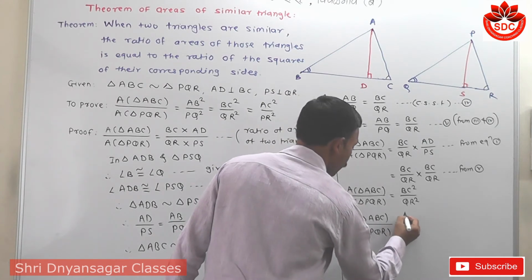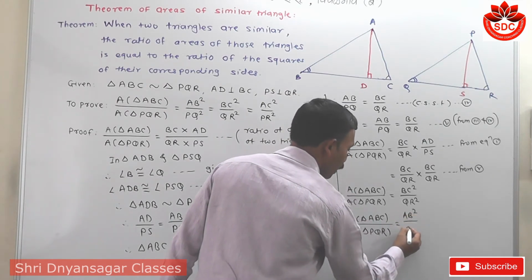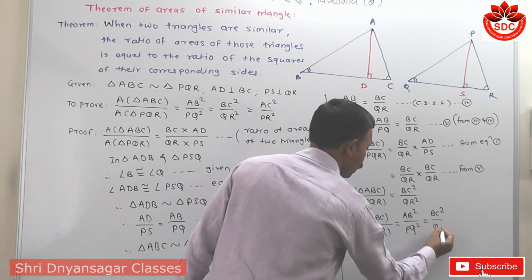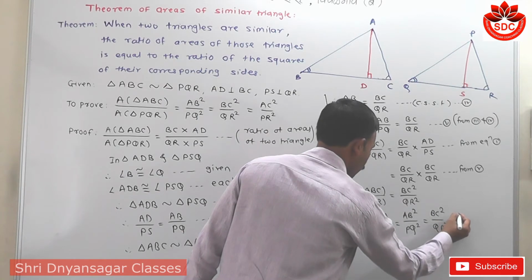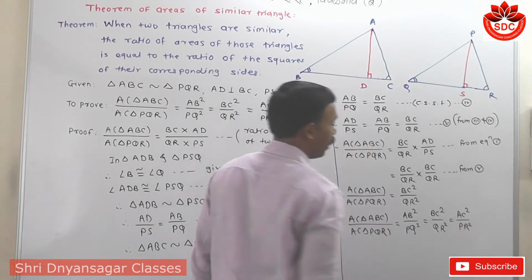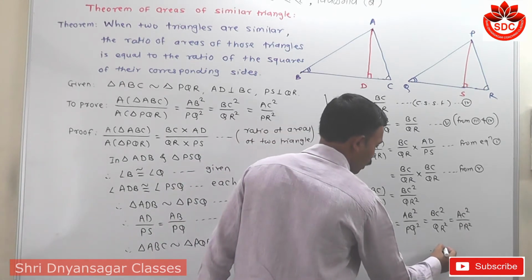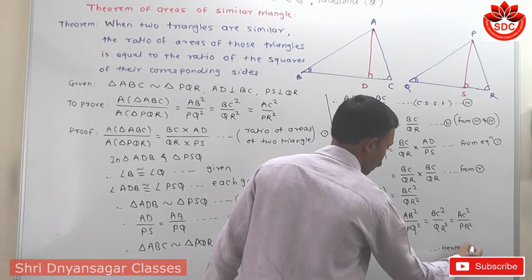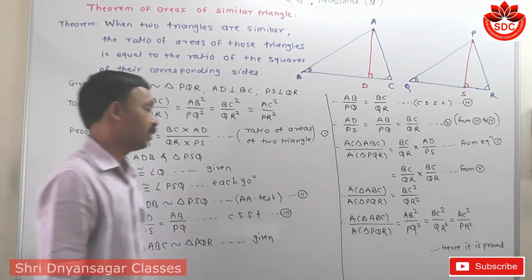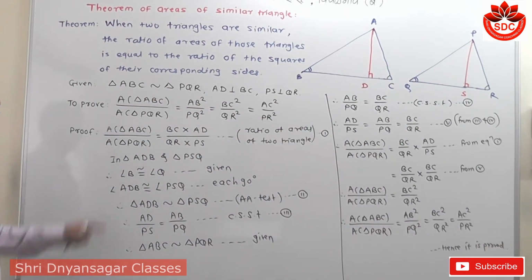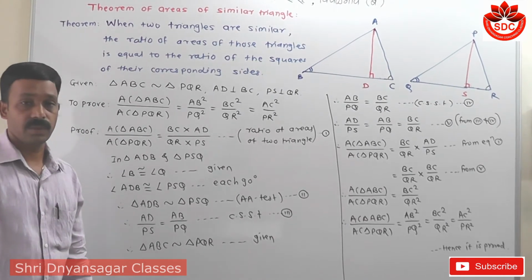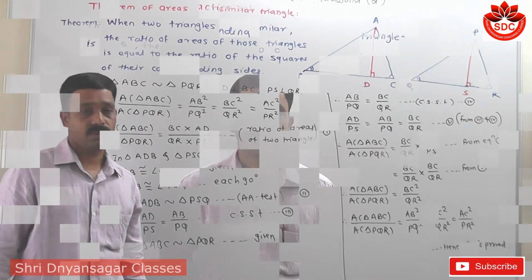It means AB square upon PQ square is equal to BC square upon QR square is equal to AC square upon PR square, and hence it is true. This is our very important theorem. The name of the theorem is the theorem of areas of similar triangles. Can you understand this? Thank you.